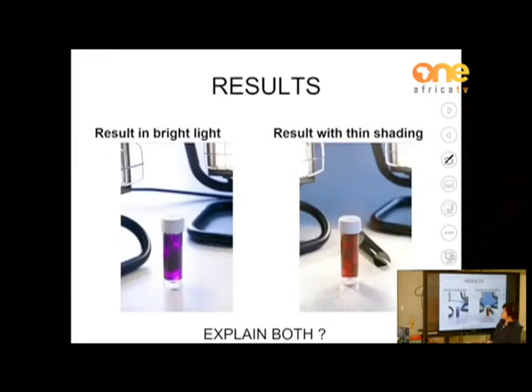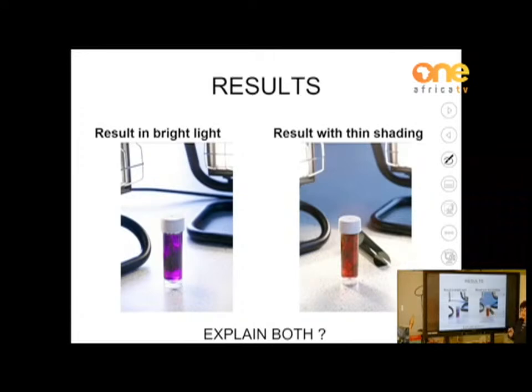Now, on your worksheet, you also have a place where you have to explain. This is the result during bright light. Why? This is the result when there's a thin shading, so it's preventing too much light.